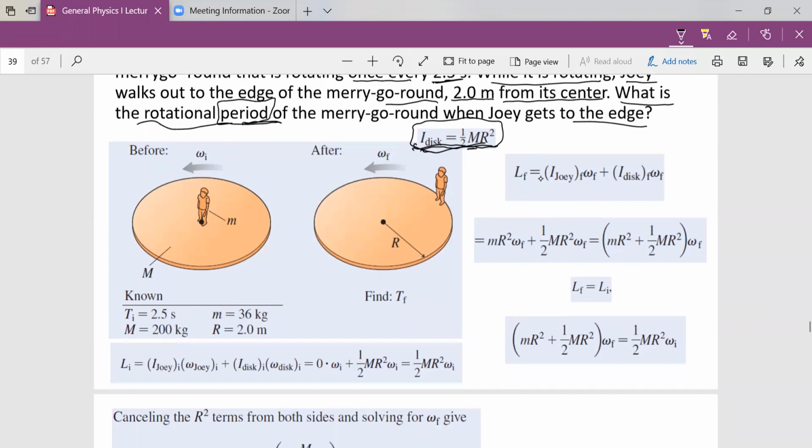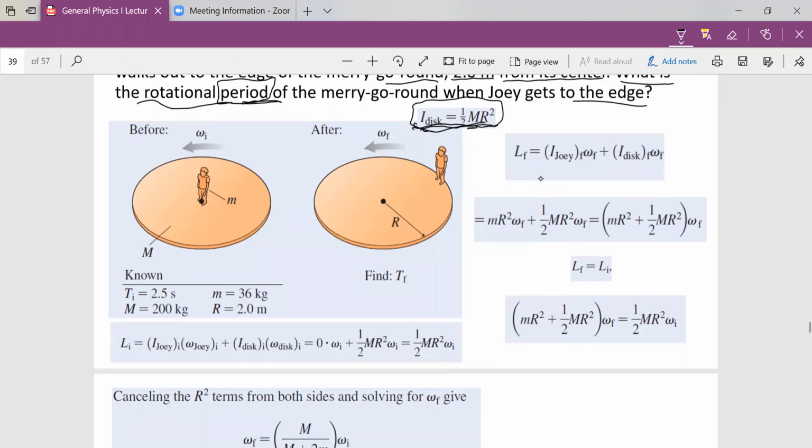So with that understanding and the idea of the linear case, we want to proceed to solving this problem, which asks us to find the period of the merry-go-round by the time Joey walks to the edge. Let's see the representation at the initial, when Joey was at the middle.